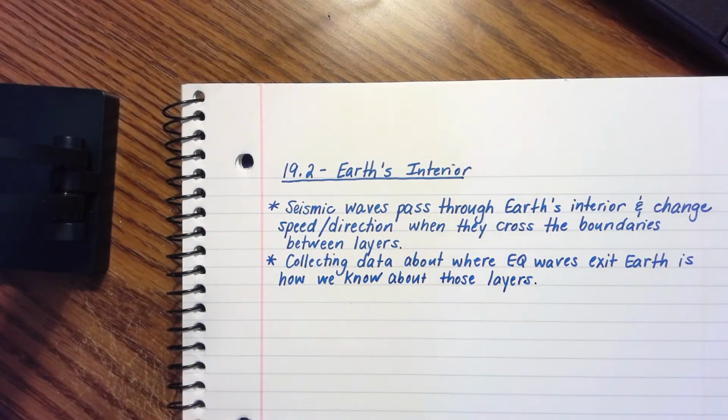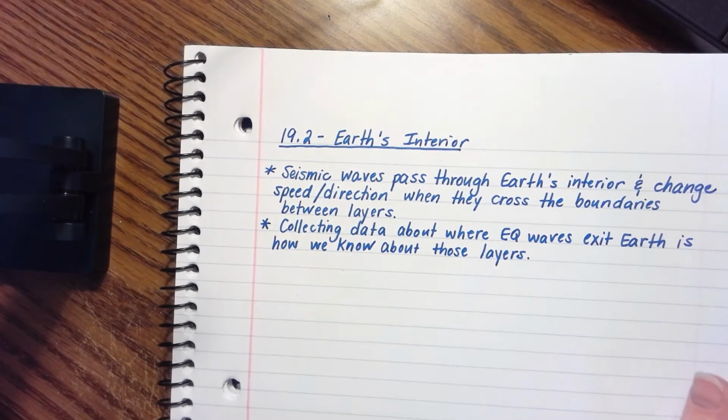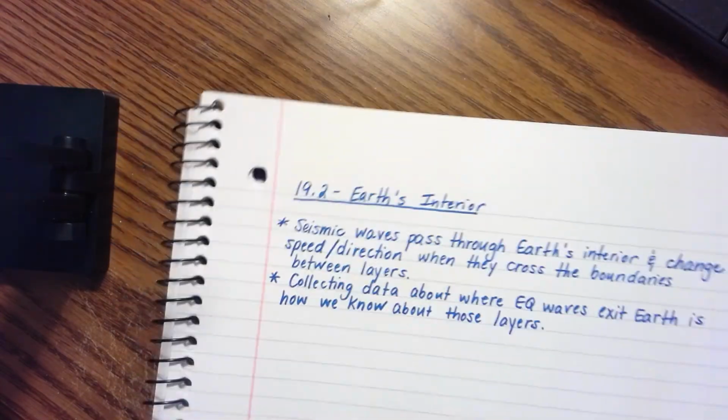So we already know that the interior of the Earth is made of different layers, the inner core, the outer core, the upper and lower mantle. We talked about the lithosphere and the asthenosphere. We know all of those things because of earthquake waves and how they pass through the Earth differently and come out at different places. So what we're going to do next is write down how P waves and S waves are different in how they go through the Earth's interior.